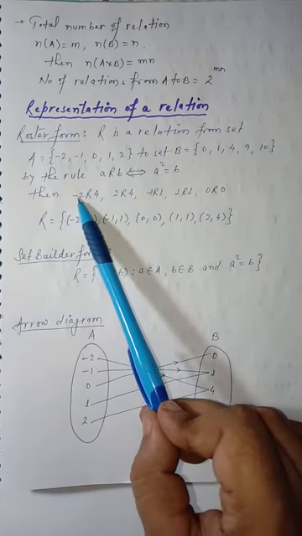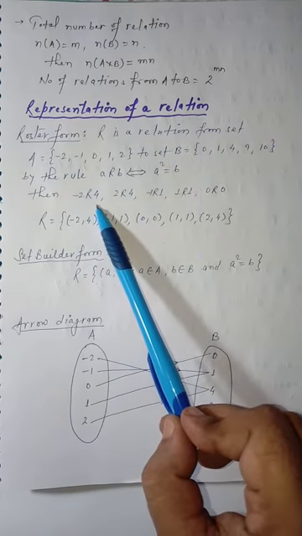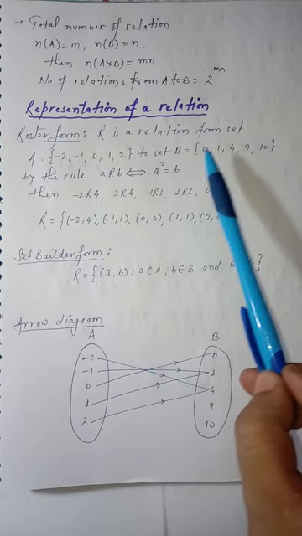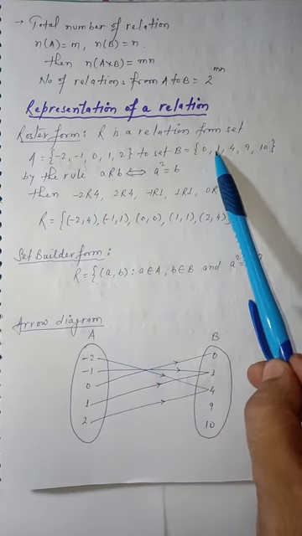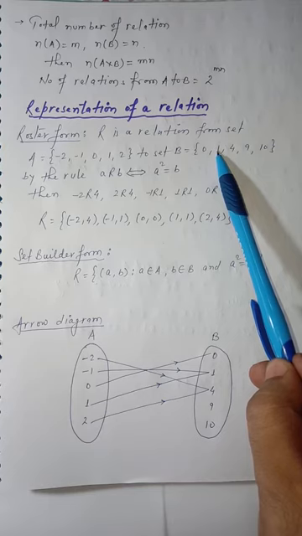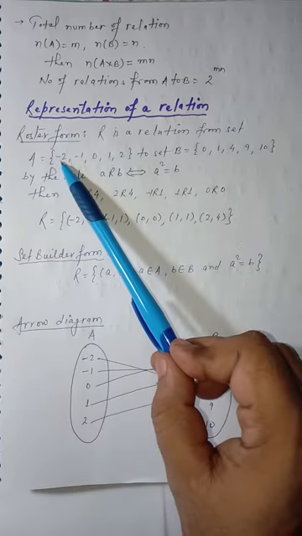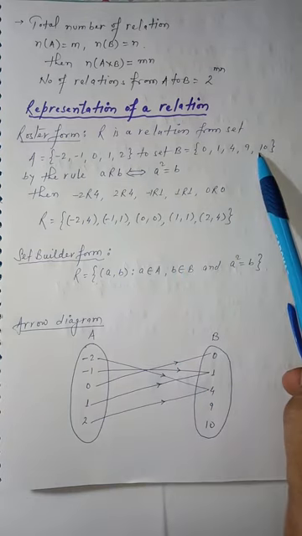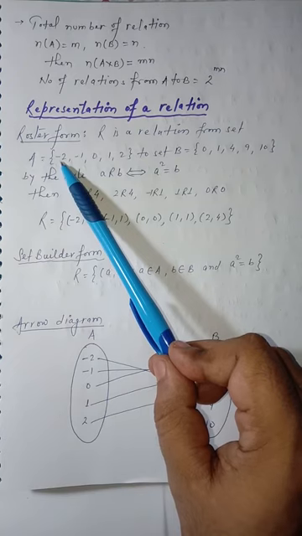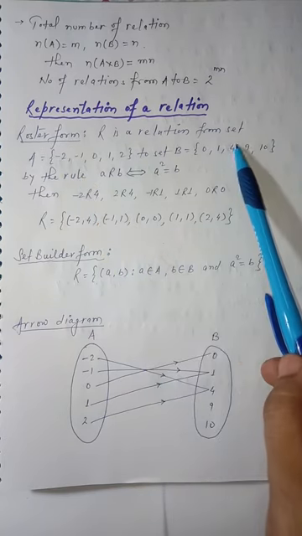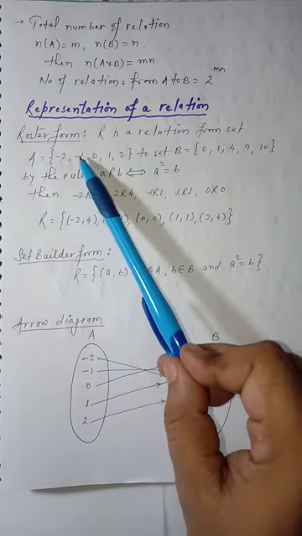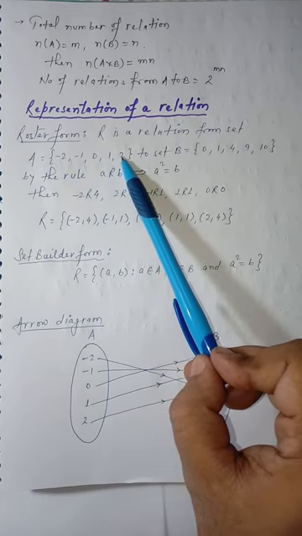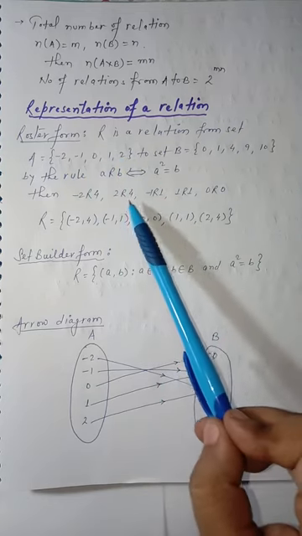So we will say -2 is related to 4. Okay. I am not squaring the element of B. Please remember, because this relation is defined from set A to B. So that's why first we will take the element of set A and we will square it, and it must be related to set B. So -2 square is 4 and it is present in B. In the same manner, 2 square is also 4, which is present in B.